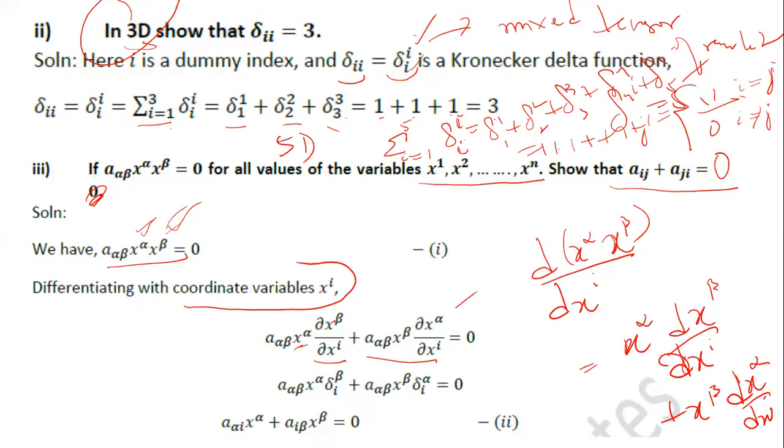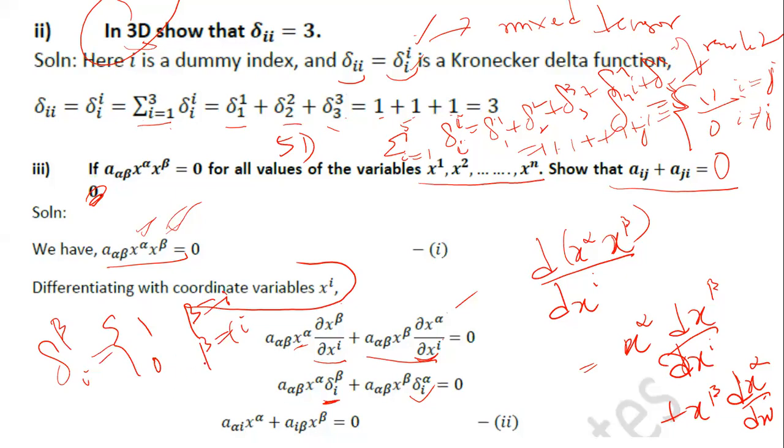And here in this term, this is the coordinate variable in the unprimed system. This is also a coordinate variable in the unprimed system. So this partial derivative between the two coordinate variables is what we define as the Kronecker delta, delta beta i, and this is also the same thing, Kronecker delta alpha i. All right. So we know that this Kronecker delta beta i is equal to 1 if beta is equal to i, 0 if beta does not equal i. Okay, so we only have to consider the situation in which this is 1.